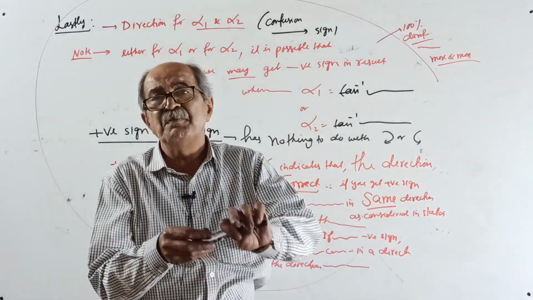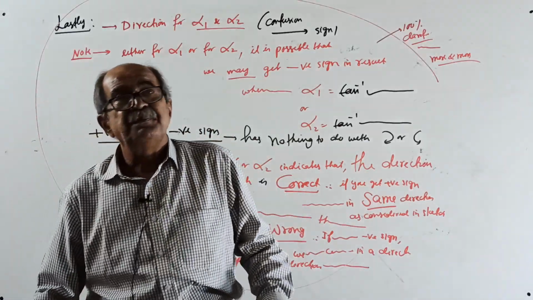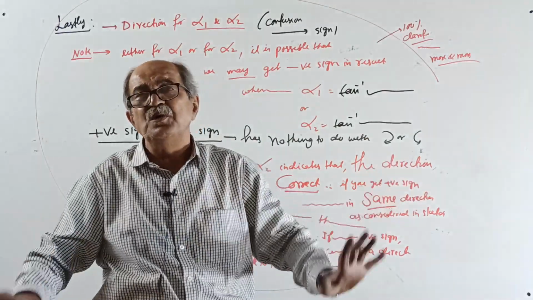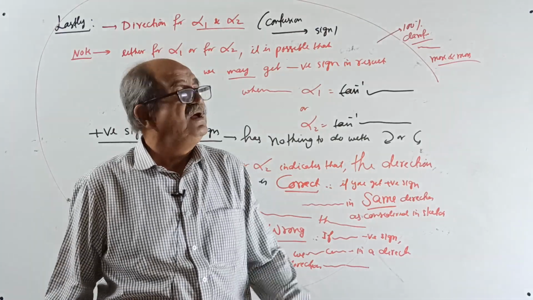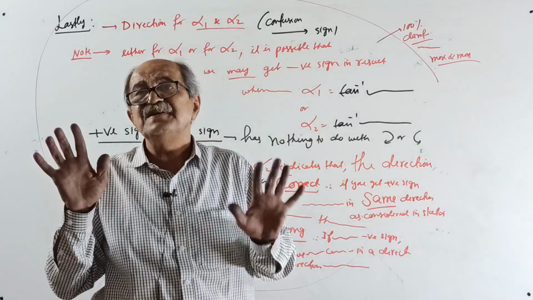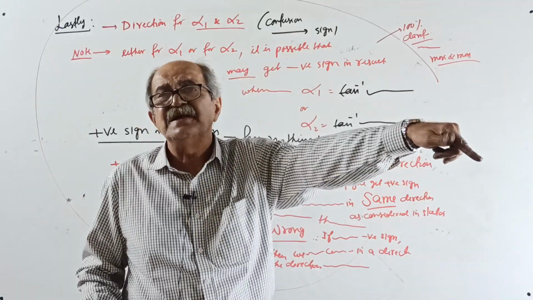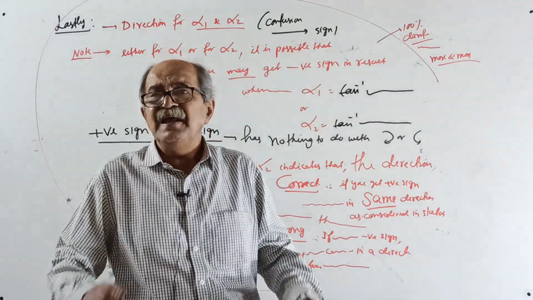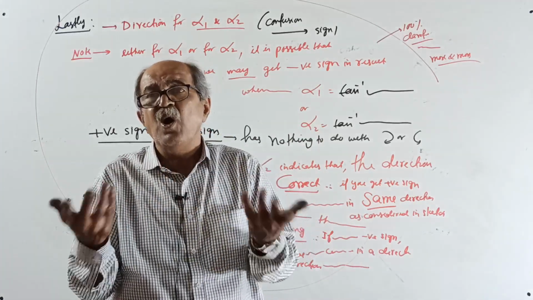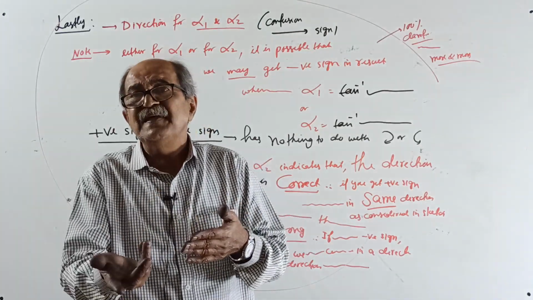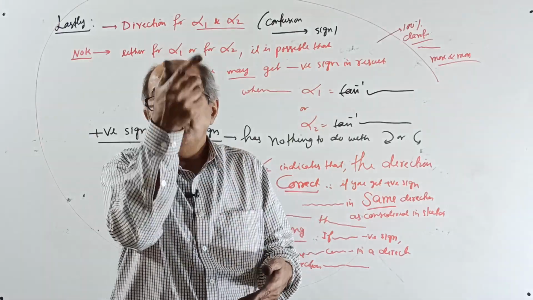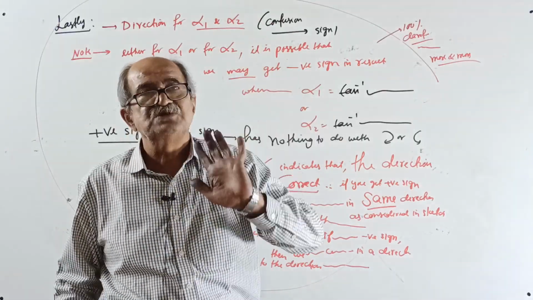So leave it. Remember, lastly, that the plus or minus sign for alpha 1, alpha 2 has nothing to do with clockwise or anti-clockwise. A positive sign indicates the direction you considered is correct, so mark in the same direction. A negative sign indicates the direction considered is wrong, so when you write the final answer, mark the direction opposite to the one considered.